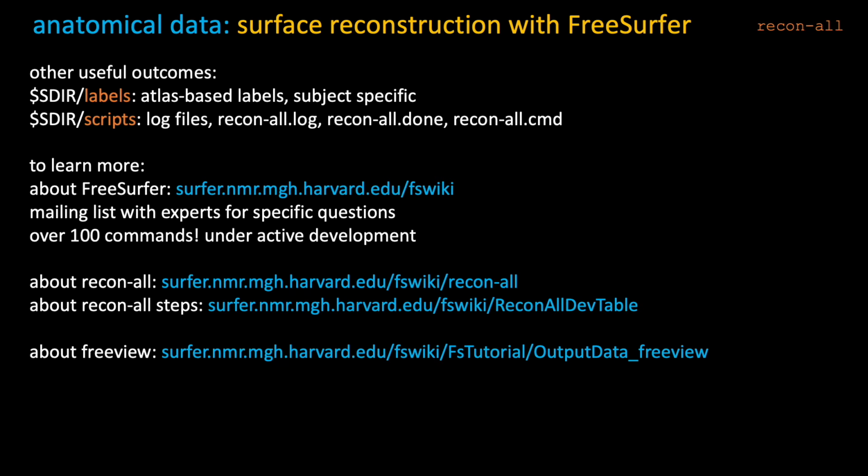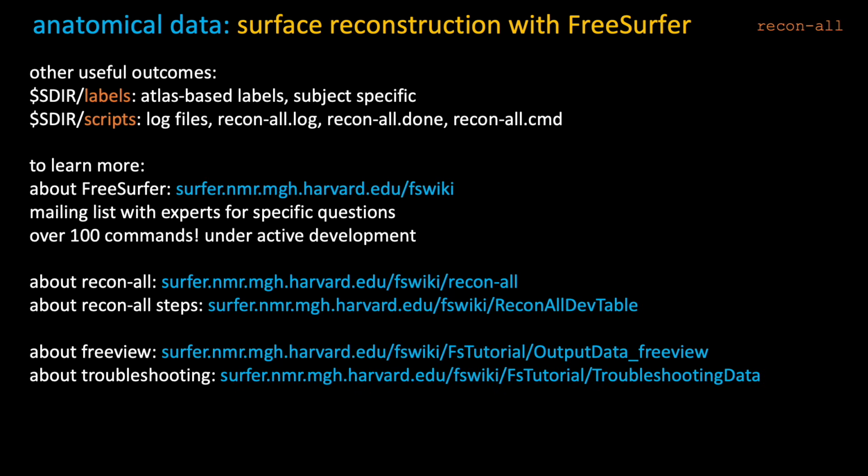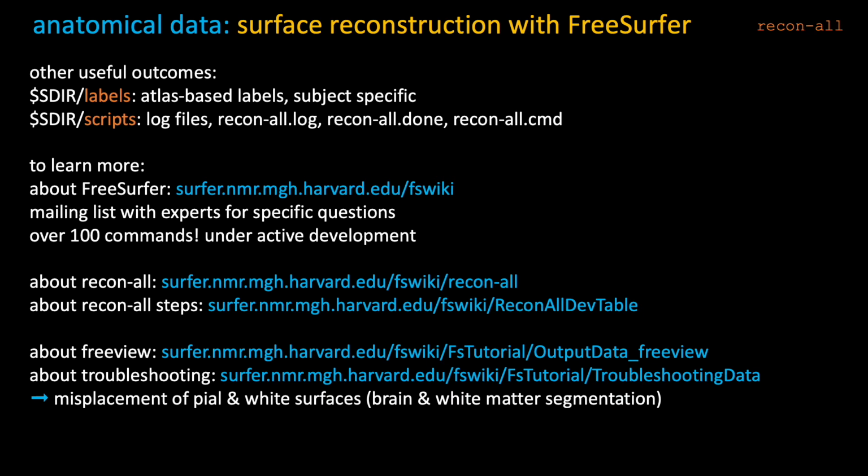And there's obviously a page for Freeview, as you can see, and there's also a page, part of the tutorial, about troubleshooting the data, and there's a couple of different sections there. I'm going to talk about the two that we found very helpful for our high-resolution data processing.